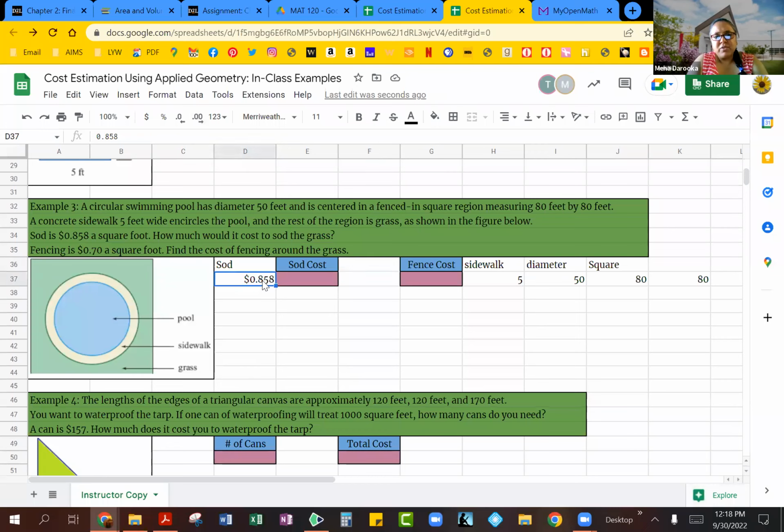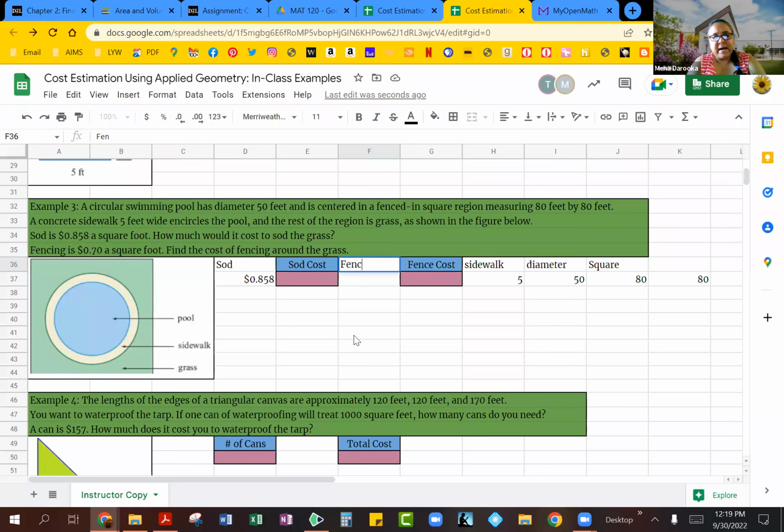So let me show you. When I typed my answer in and clicked on my formatting to format it as currency, obviously it's going to automatically put it in 2 decimal places. But then I went to my little decimals over here and wanted to increase my decimal place, so I just clicked on one of them, and my 3 decimal places would show up. So that's the price for our sod.